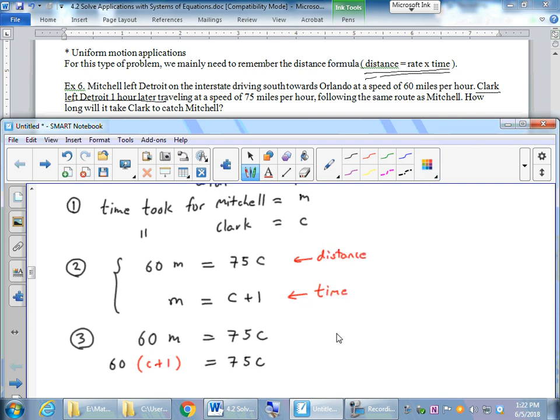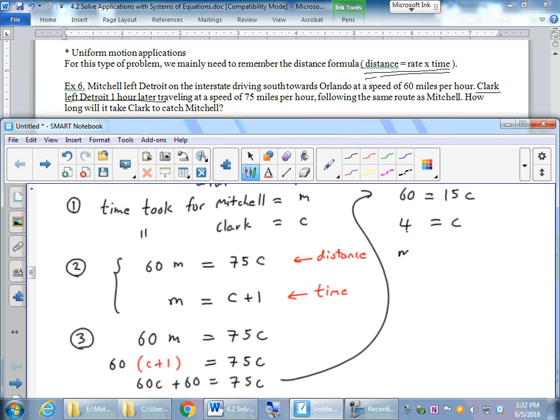Continue solving: 60c plus 60 is equal to 75c. Subtracting 60c from both sides, 60 is equal to 15c. Dividing both sides by 15, c is equal to 4.